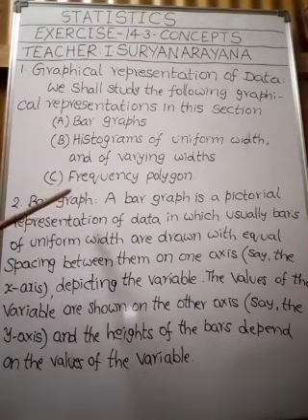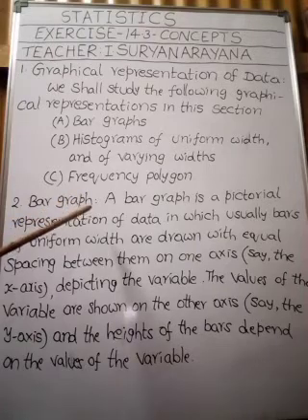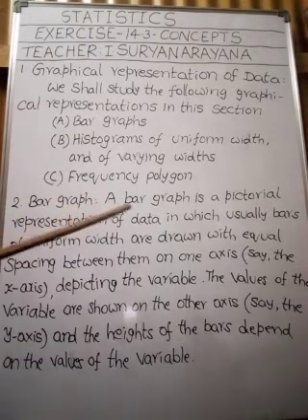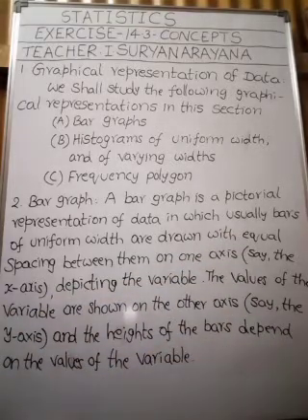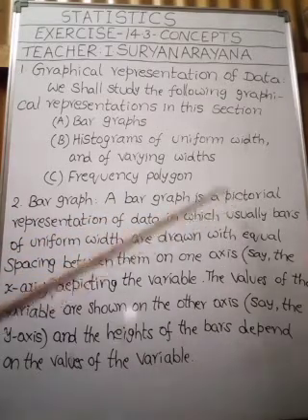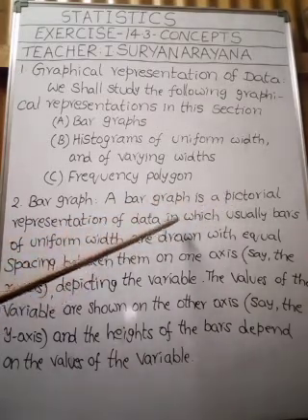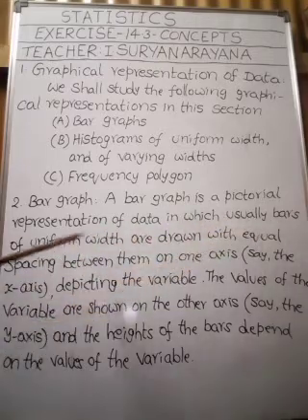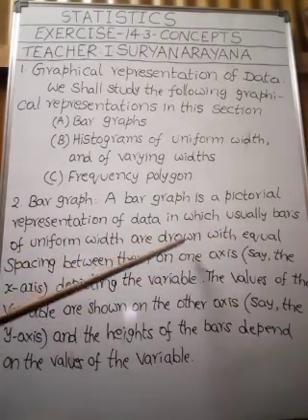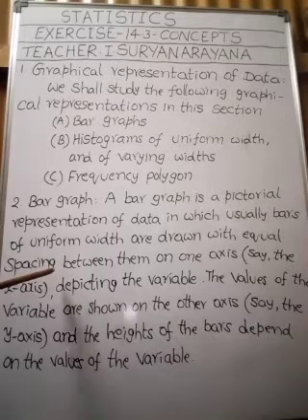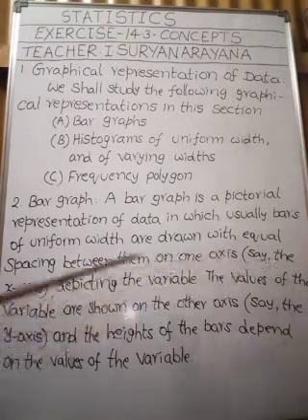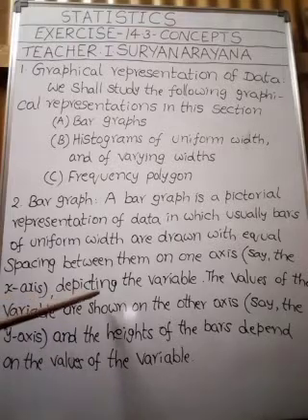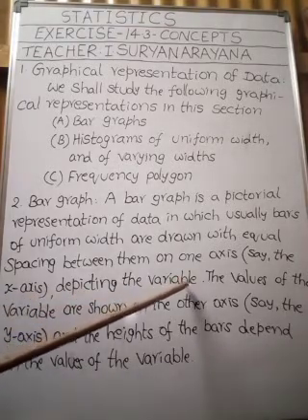You know well about bar graphs. In earlier classes, we have already studied. You have drawn bar graphs, haven't you, my children? Right. A bar graph is a pictorial representation of data in which usually bars of uniform width are drawn with equal spacing between them on one axis, say the x-axis, depicting the variable.